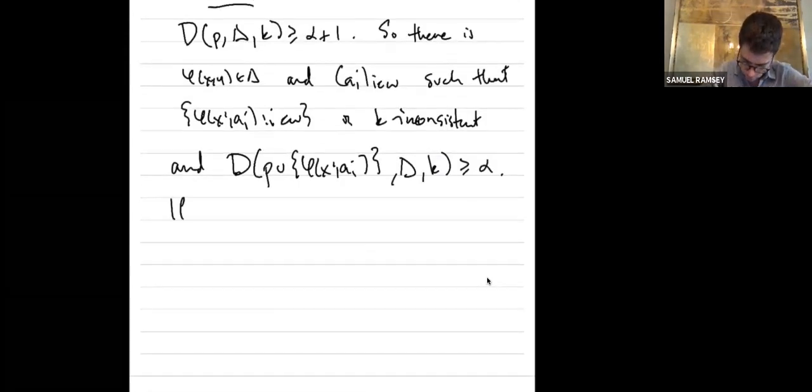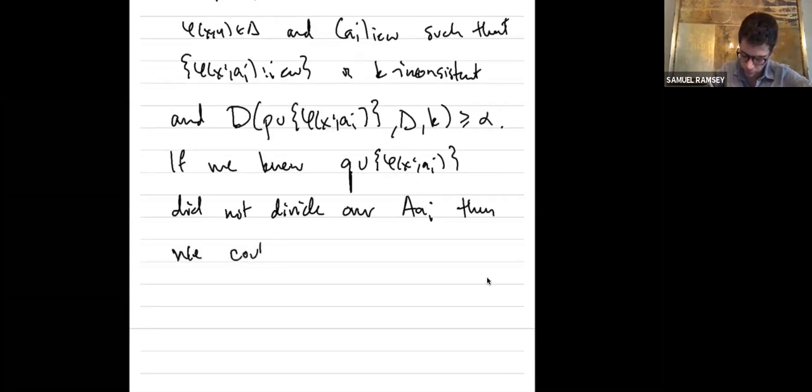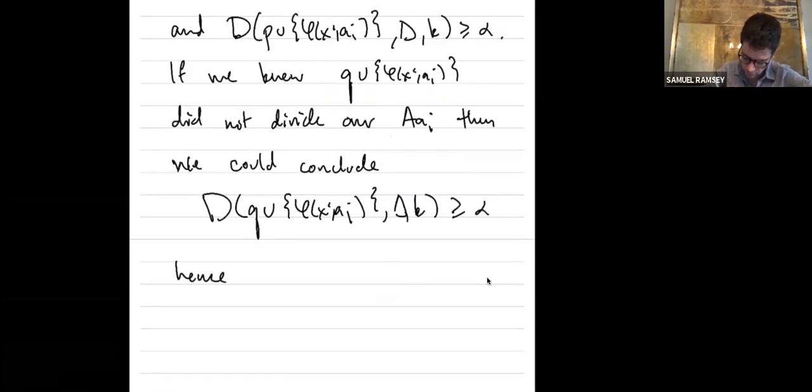So if we knew Q union phi(x, a_0) did not divide over a_0, recall that the domain of P was a_0, then we could conclude D_{Q union phi(x, a_0)}(delta, k) is at least alpha, hence D_Q(delta, k) is at least alpha plus 1, where this would hold by induction.